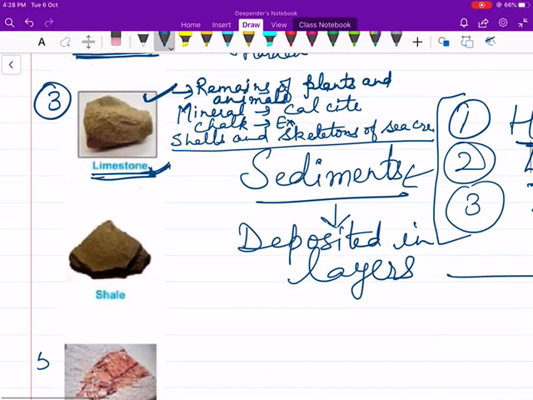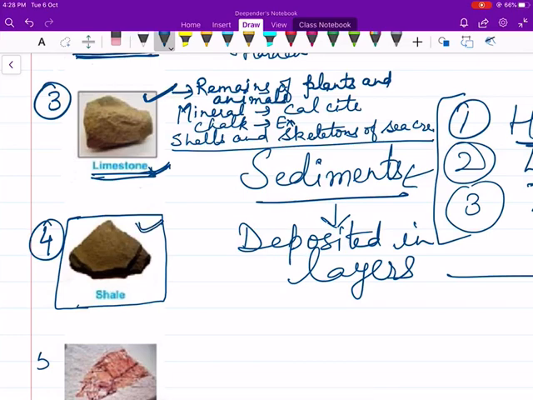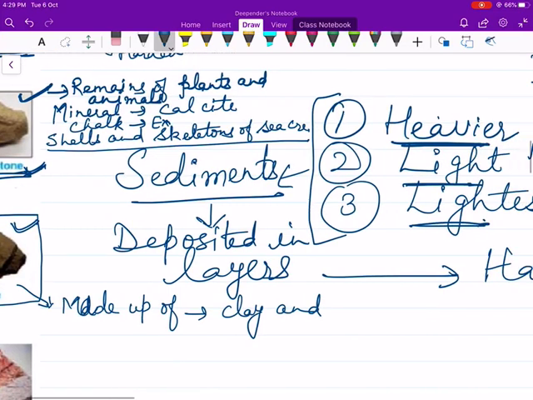If we come to the fourth type, you are able to see the picture, that is called the shale. It is made up of clay and mud particles.